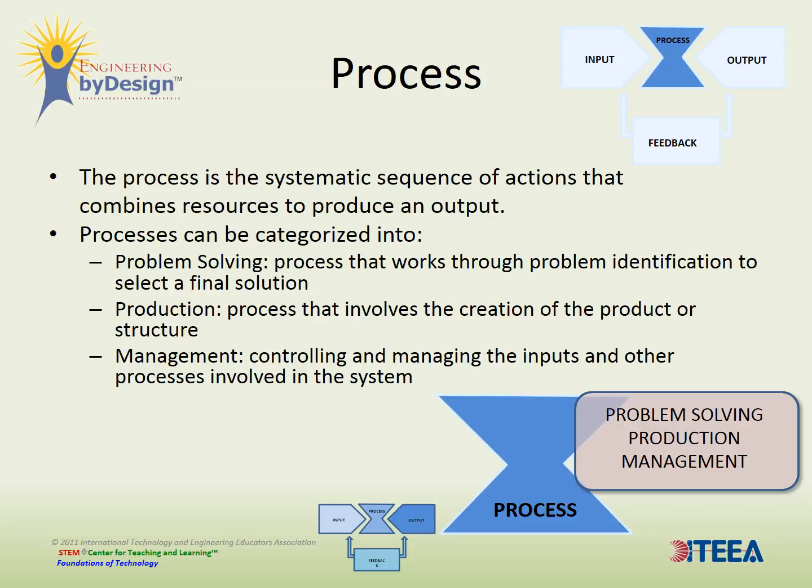Your creation. Your management, that is how you're going to control and manage the inputs and other processes involved in the system. Because sometimes you will have other processes that feed into your process, and that will help it as well.